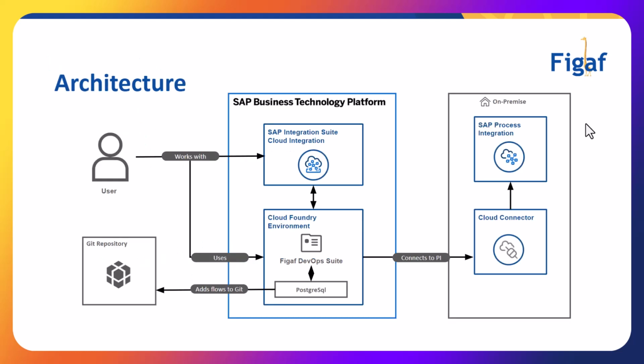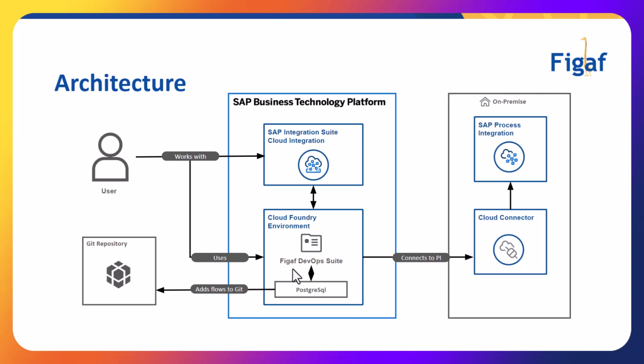The recommended architecture is something like the following. We have BTP that runs in your cloud. You as a user will be using the cloud environment here. You will connect to it, and then obviously you'll also work with Integration Suite. You will connect from the Figaf tool into the BTP accounts.